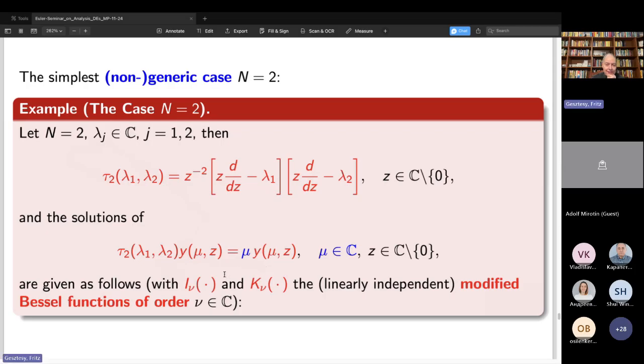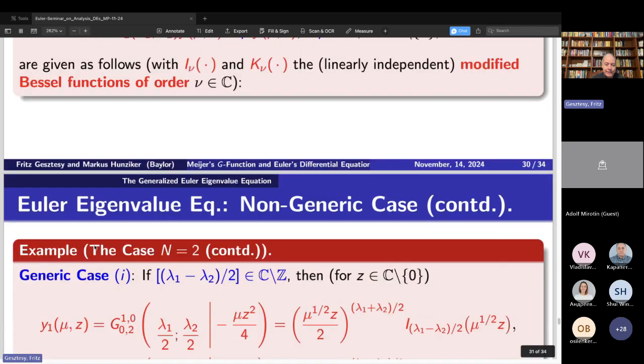Now, you will see that this time the solution is a little more complicated than exponentials, as we had in the n equals 1 case. In fact, you will need Bessel functions for this. And to get to that, this is my abbreviation of the regular and irregular modified Bessel function of order nu, and they will show up very quickly.